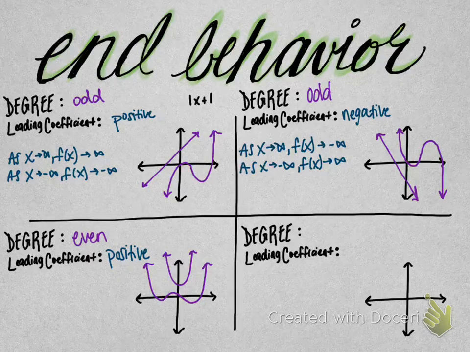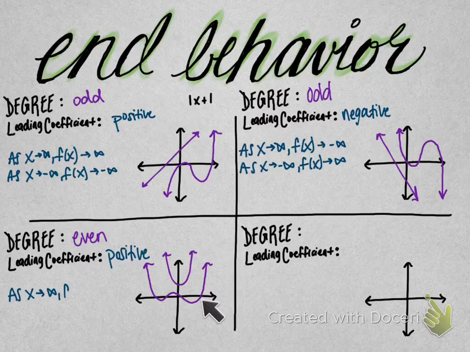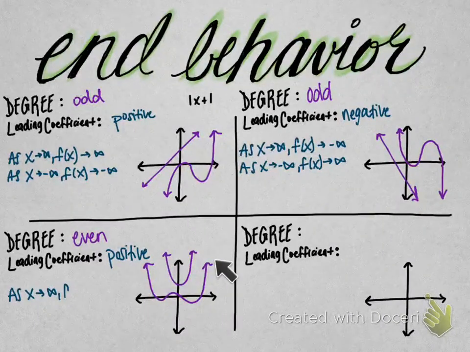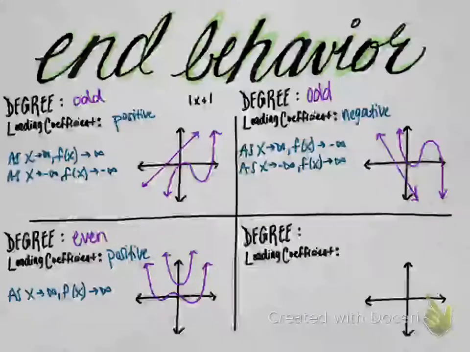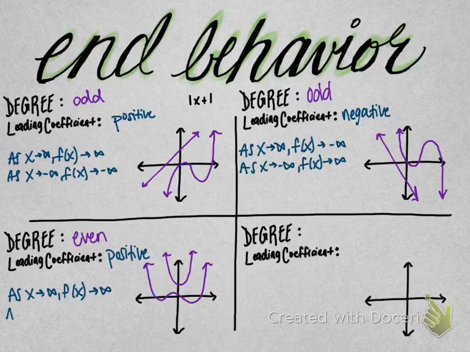And so we can make our statement. Again, that first half doesn't change as x approaches positive infinity. Okay, so let's look at our picture. As x approaches positive infinity, our line goes up towards the positive number. So we would say f of x approaches positive infinity. Okay, then the next part, again, that first half hasn't changed.